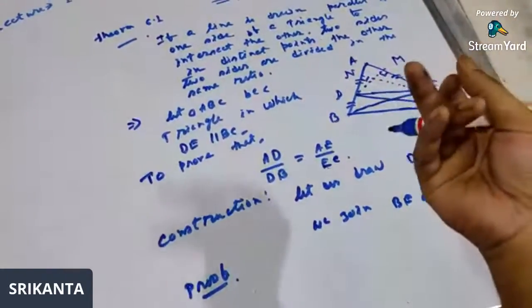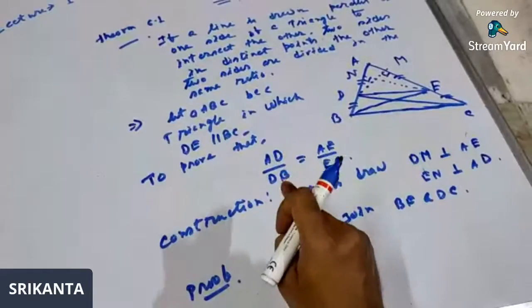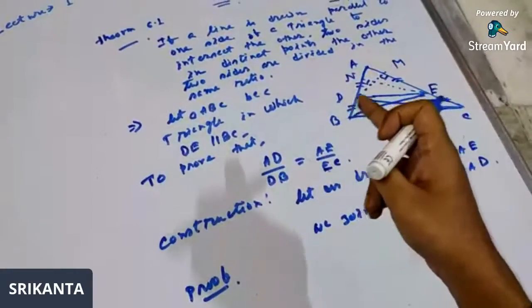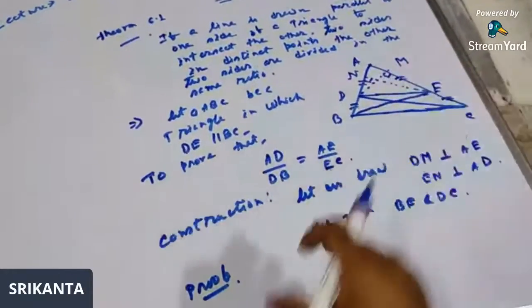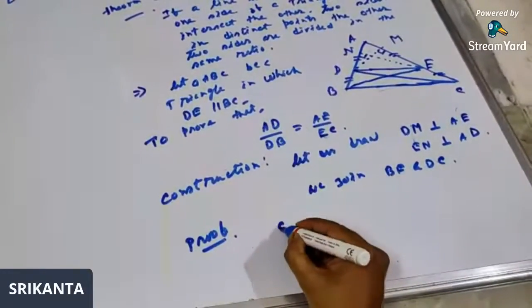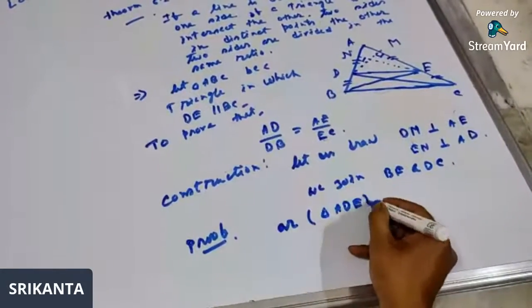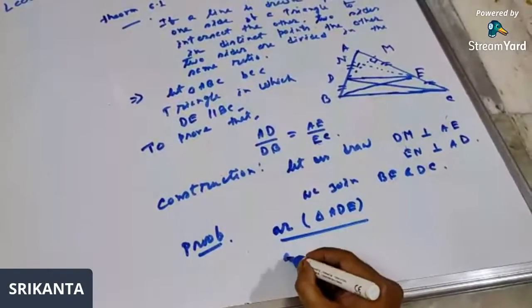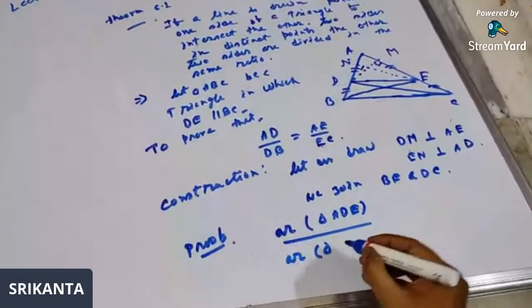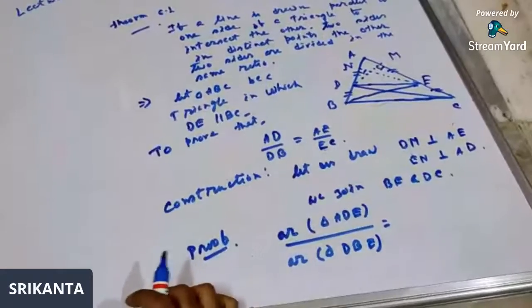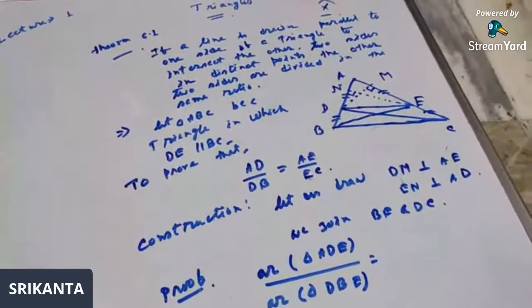So we have to prove AD by DB, and we take the area of triangle ADE by the area of triangle DBE. That is how we understand which two triangles to take.